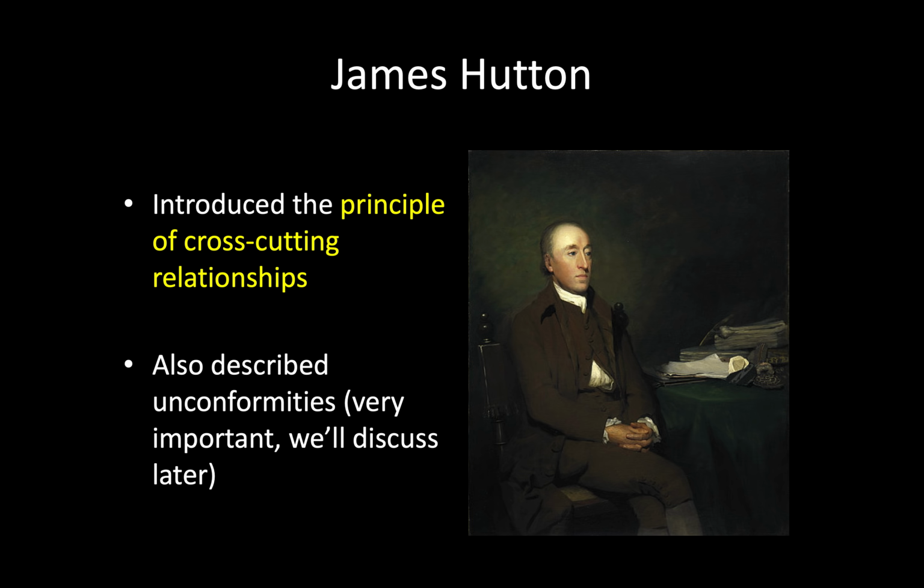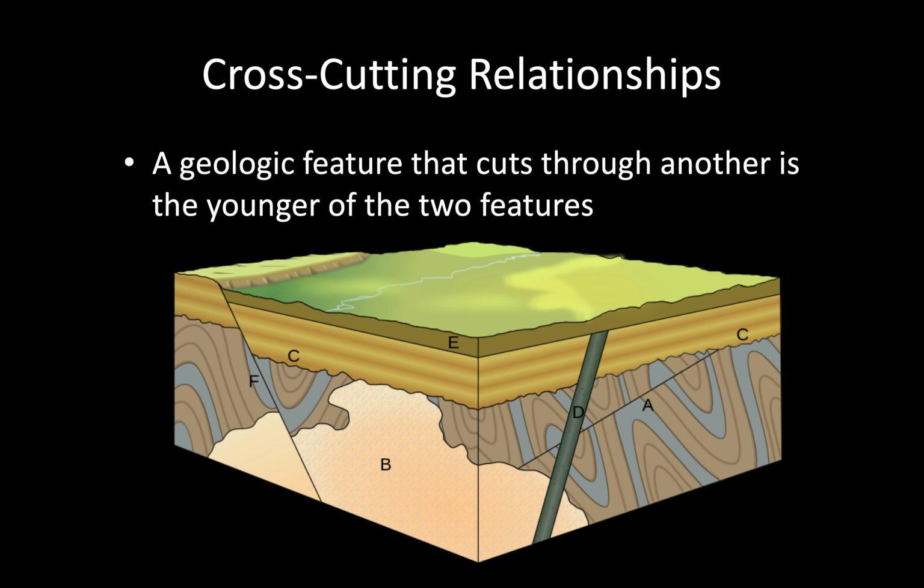All right, so let's move to another scientist. This is James Hutton, a very famous Scottish geologist. He introduced the principle of cross-cutting relationships and something called unconformities that we'll discuss in a little bit. But cross-cutting relationships, a geologic feature that cuts through another, is the younger of the two features. All right, so this may sound a little confusing at first, but it's not.